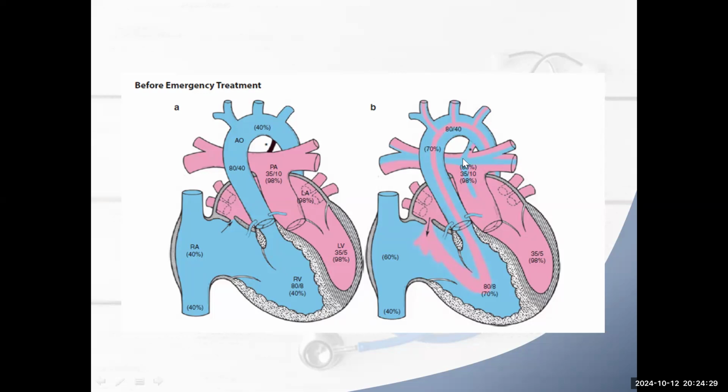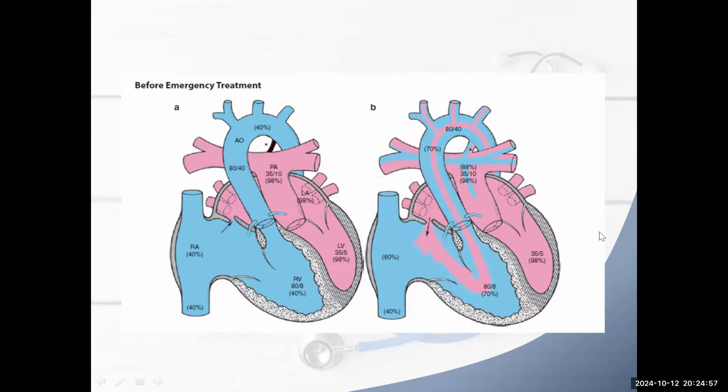Because if the PDA is patent, more blood goes from the aorta to the pulmonary artery, then to the lung, to the left atrium, and the left atrial pressure will be relatively high. So more blood will go through the small PFO to the right atrium, and then to the RV, and then to the aorta.